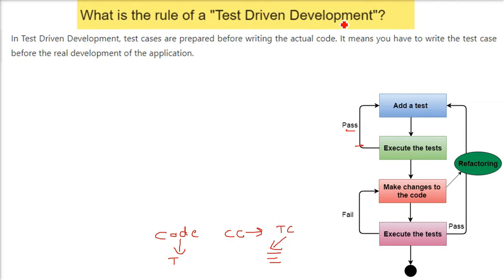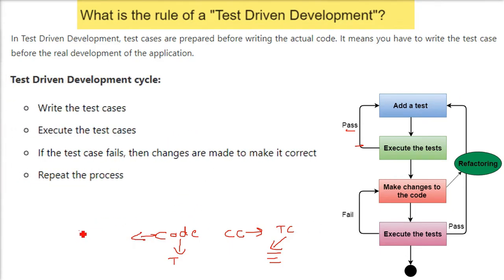In test driven development, the things are different. Before even writing the actual code, we prepare the test cases. The only difference is that the test cases are written before writing the actual code. For example, you already know the passing parameters and the acceptance testing scenarios.